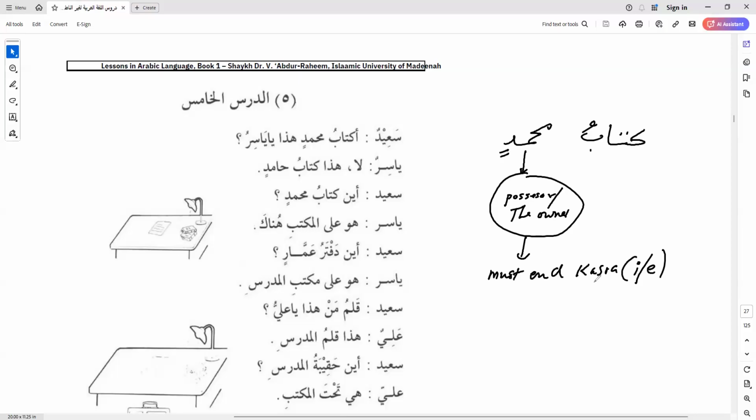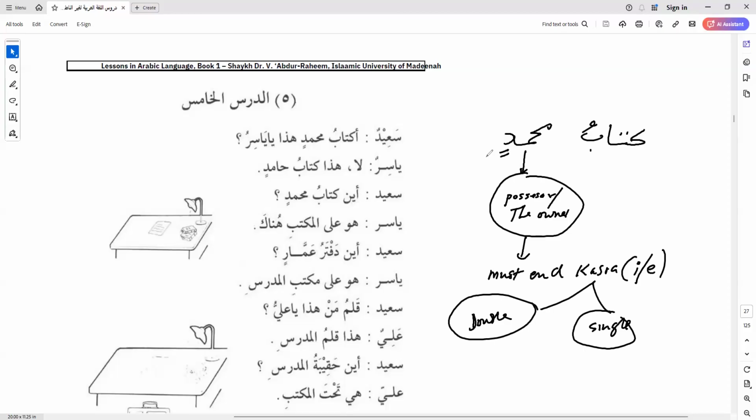And remember, we have two kinds of kasra. We have double, and then we have single. Since Muhammad is a proper noun, it cannot take "al", just as in English. In English, we can say "the Smiths" when we are talking about a family, but an individual name cannot have "the".